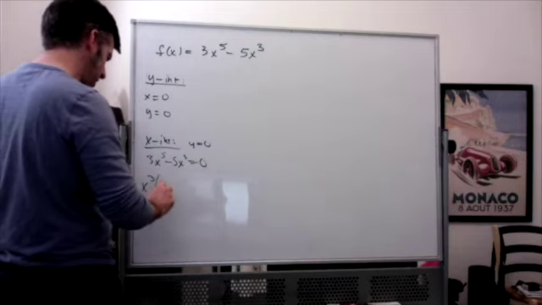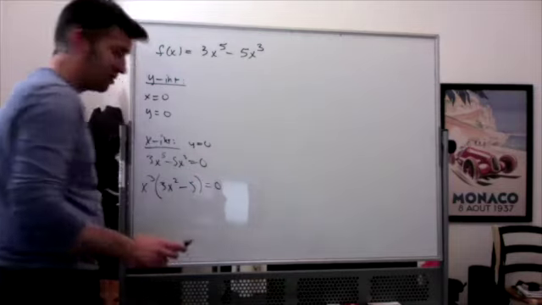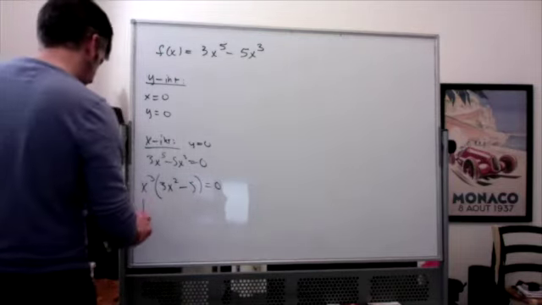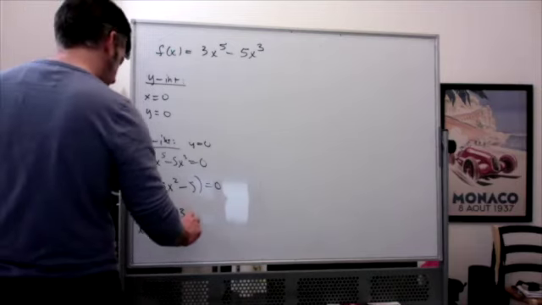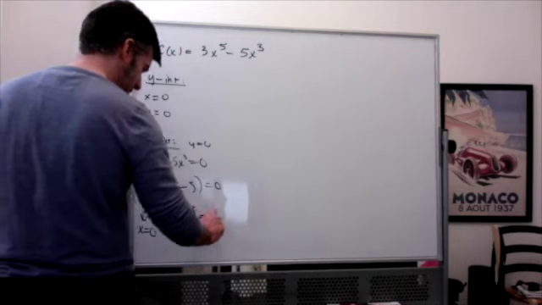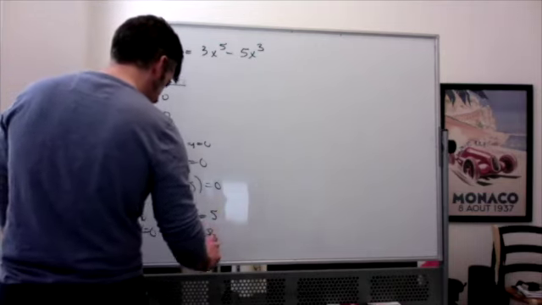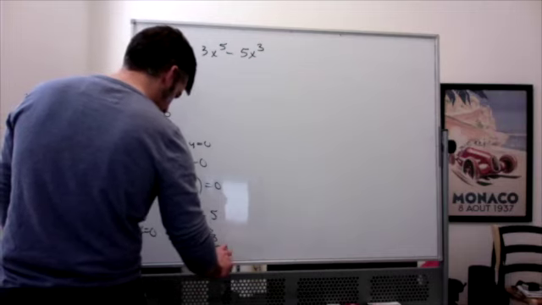I'm left with 3x squared minus 5. These are not going to be pretty, but we can actually find them. You're going to get x equal to 0. You're also going to get 3x squared minus 5 equal to 0, so 3x squared equal to 5. X squared equal to 5/3, x equal to plus or minus the square root of 5/3.